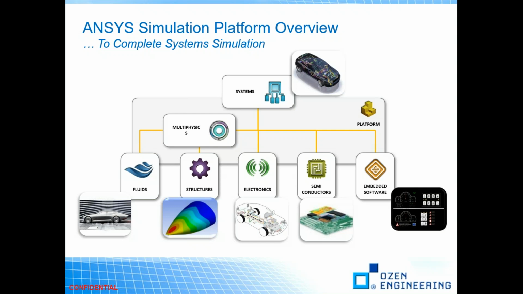And downstream of this tree, we look at a platform with multi-physics. This multi-physics supported platform includes all the physics that ANSYS provides, from fluids to structures, electronics, semiconductors, and embedded software. All these different physics flagship products of ANSYS can be integrated or co-simulated with Twin Builder.